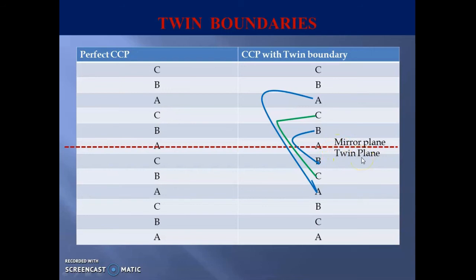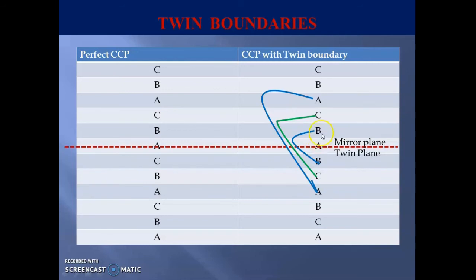Here, a new sequence is created below the twin plane, which is like a mirror image of the sequence on the other side of the twin plane. And here the orientation also gets changed. The orientation of the new sequence is different from the original one. The two orientations above and below the twin plane are related as mirror reflections.